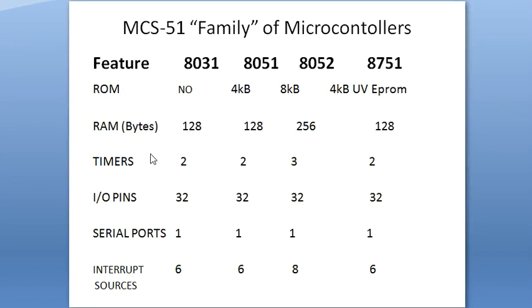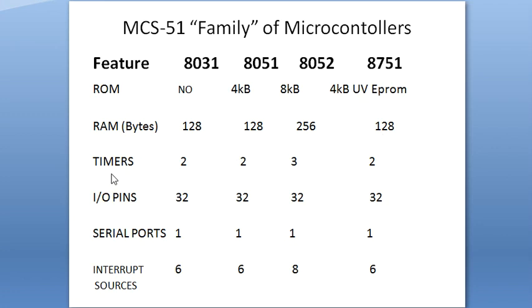In case of RAM, the 8031 has 128 bytes, and similarly the 8051. Whereas the 8052 has 256 bytes, and the 8751 has the same amount of RAM.